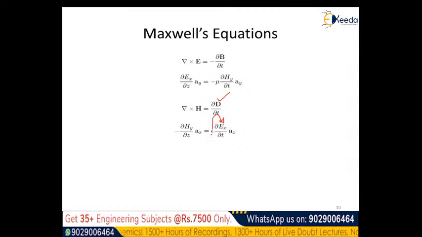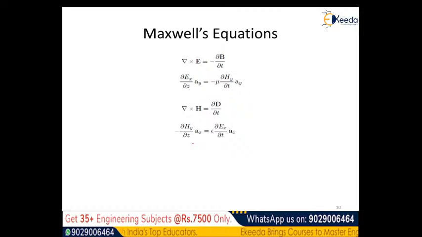For epsilon being a constant, taking it outside the partial differentiation, we have the new form: minus del z of Hy Ax is equal to epsilon del t of capital Ex Ax.